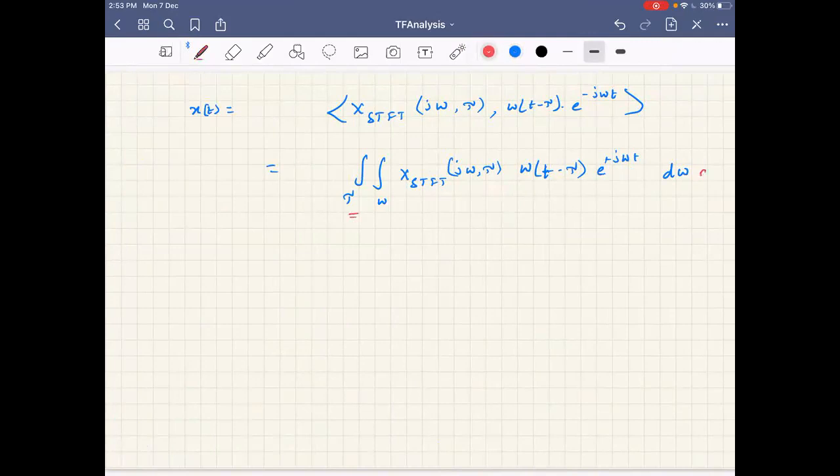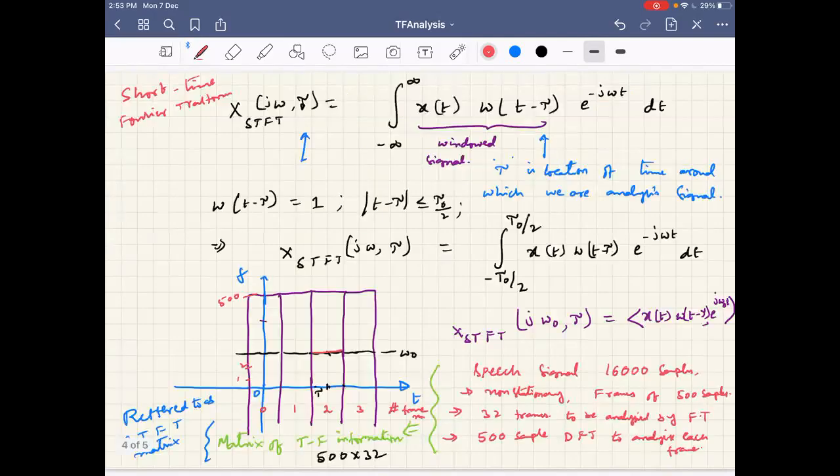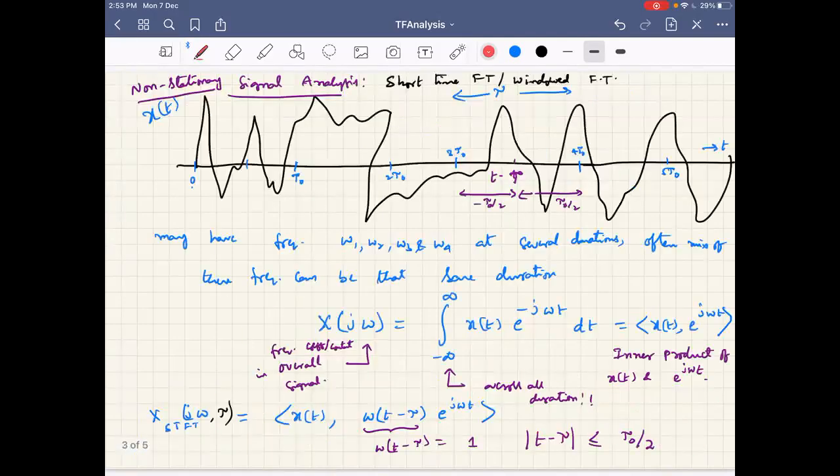If we have taken all durations of tau, then we do the integral. At what durations of tau? Given the signal, tau can be here, here, here. So I put, at all continuous durations, a window around it, and for each window I take the frequency content. The windows from here to here and here to here may have large overlapping regions.